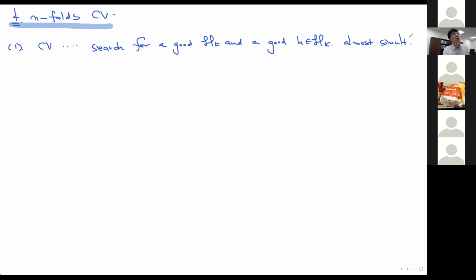So maybe that gets a bit confusing. SRM, this is a bit clear. Cross-validation is not entirely clear that this is what's happening. But if you compare this with what's really happening in n-fold cross-validation, then you will see what I mean by this almost simultaneously.